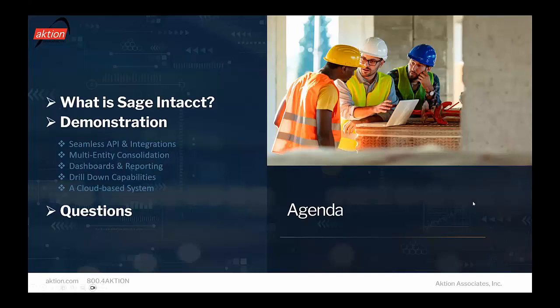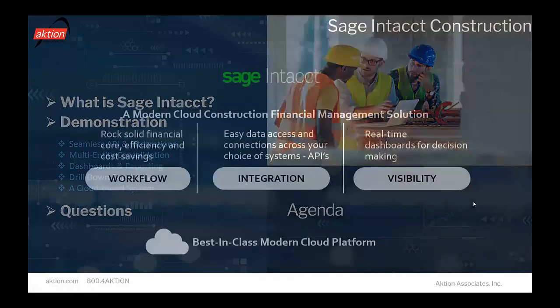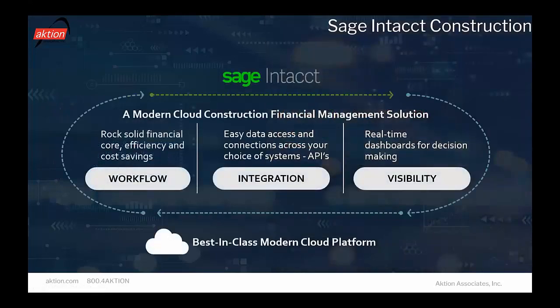All right. So going to the next screen, really, what is Intacct? And I really think that this slide is a good representation of it. Intacct is essentially an internet accounting place. That's actually where it got its initial name from, Internet Accounting Intacct.